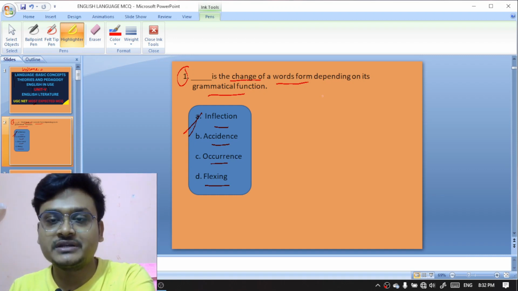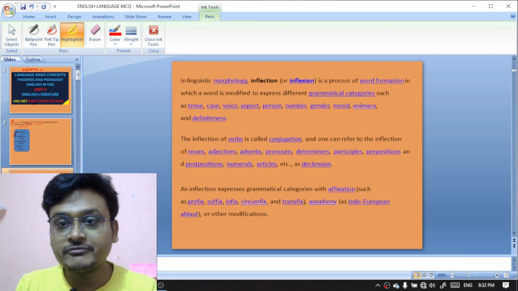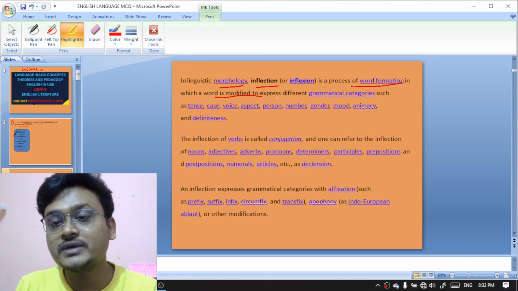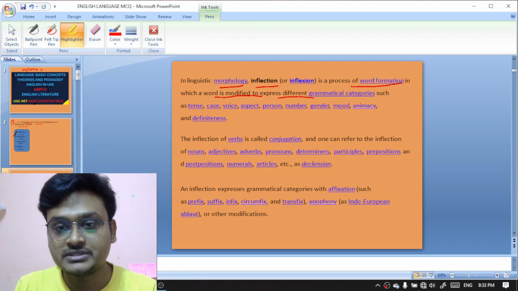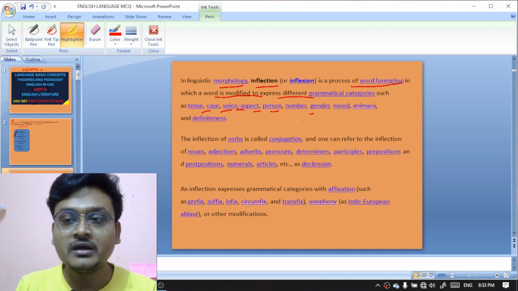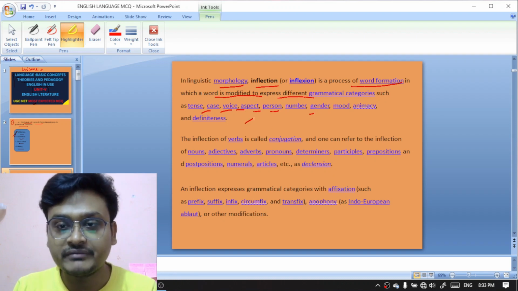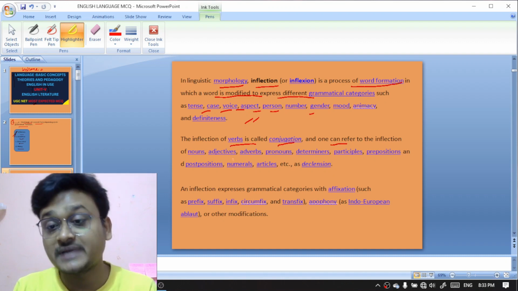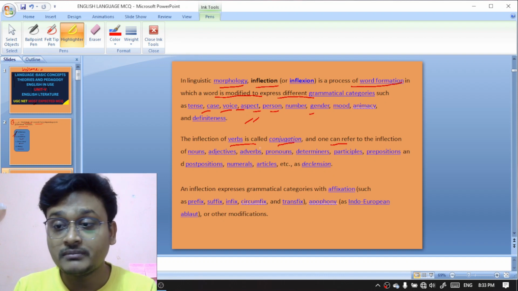Let's look at this explanation. In linguistic morphology, inflection is a process of word formation in which a word is modified to express different grammatical categories such as tense, case, voice, aspect, person, number, gender, mood, animacy and definiteness. The inflection of verbs is called conjugation, and one can refer to the inflection of nouns, adjectives, adverbs, pronouns and so on.